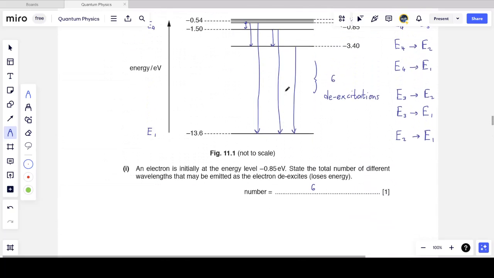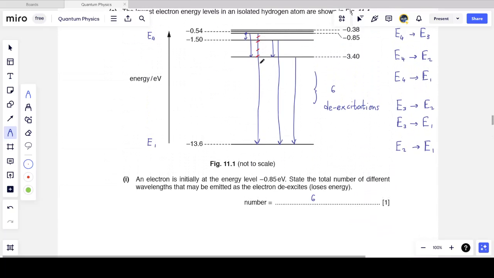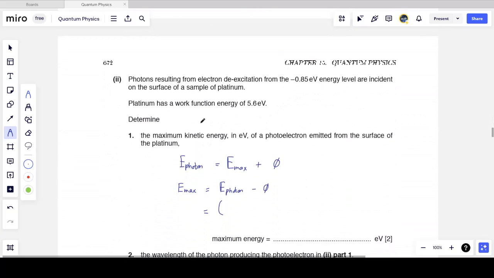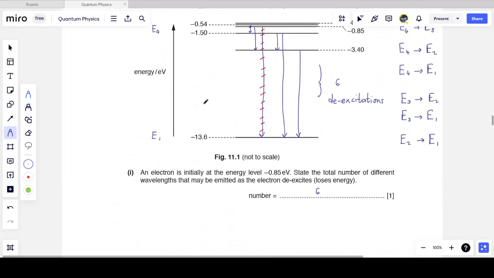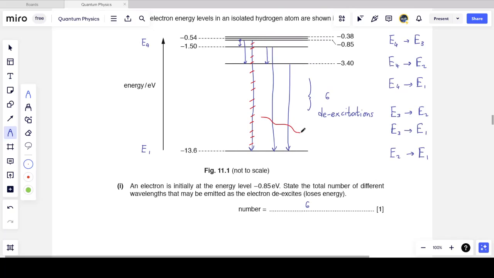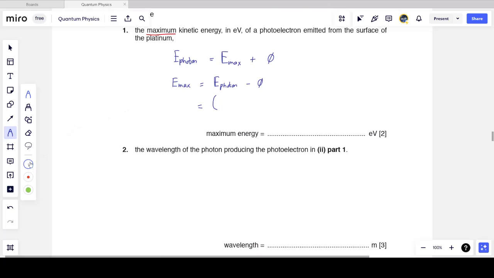I'm saying that because the question asks what is the maximum kinetic energy that a photoelectron can have. So the energy of the photon produced when the electron de-excites needs to be a maximum, and so I have to have the biggest jump in energy. Hence I'm using minus 0.85 minus minus 13.6.